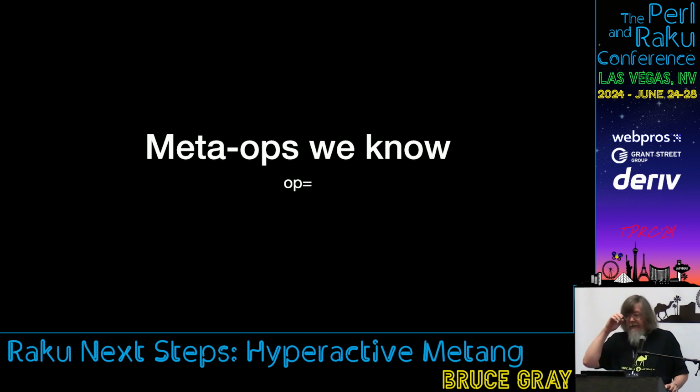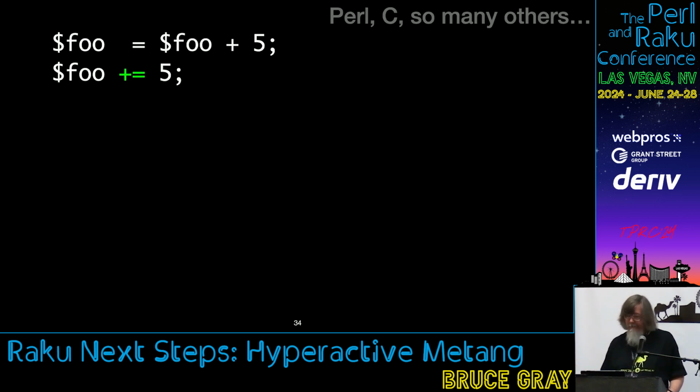Now, meta operators may be a new concept, but we're all familiar with at least one meta operator, op equals, in the form of plus equals. Those two statements are always equivalent, right? They're completely interchangeable, just one's better than the other.